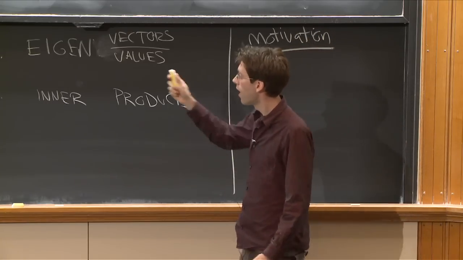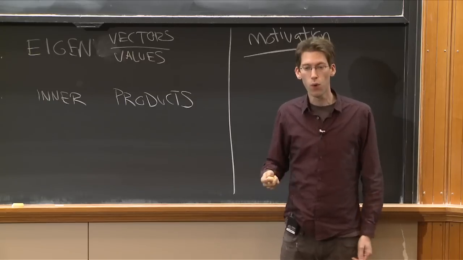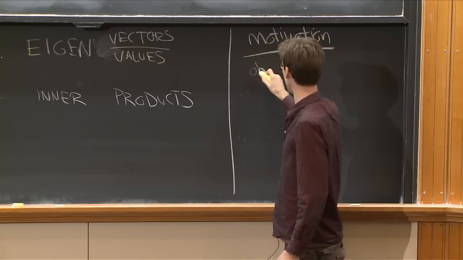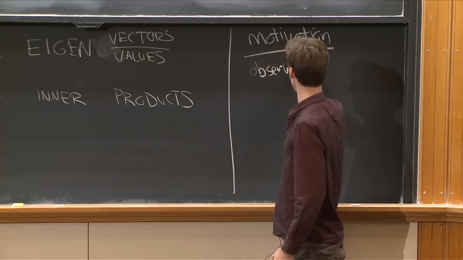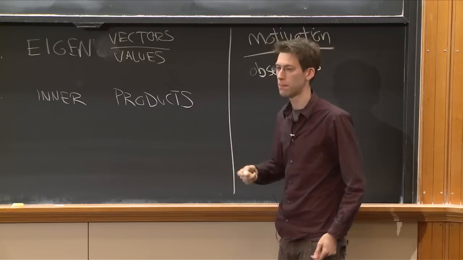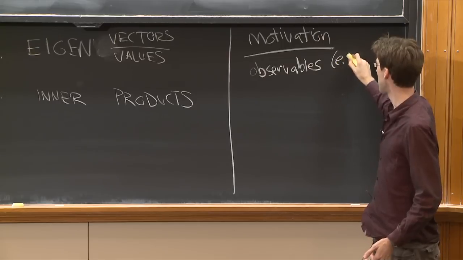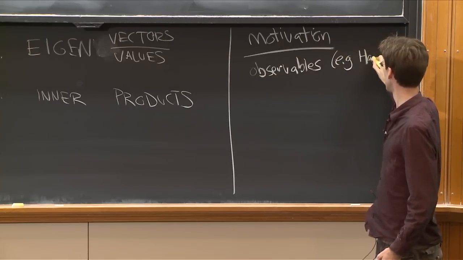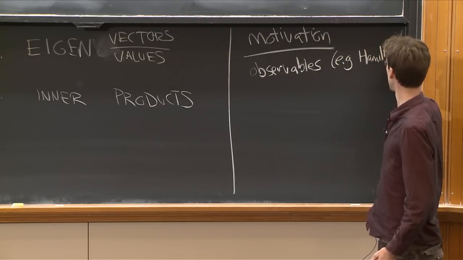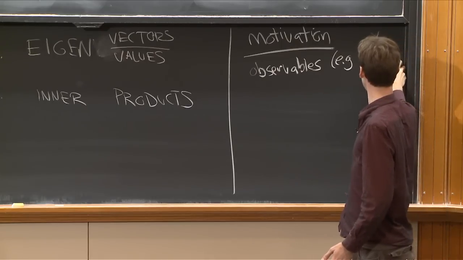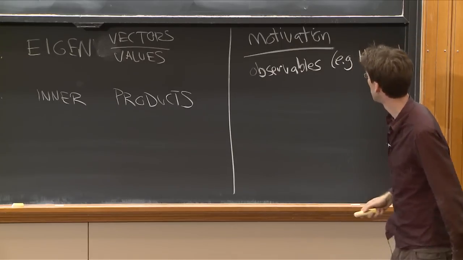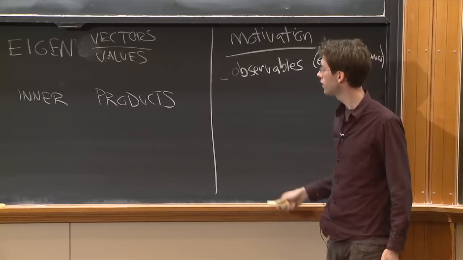Operators, of course, are how we define observables. And so if we want to know about the properties of observables, of which a key example are Hamiltonians, then we need to know about operators.